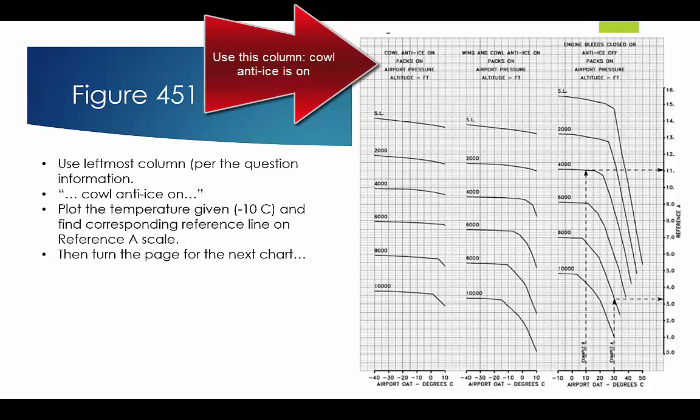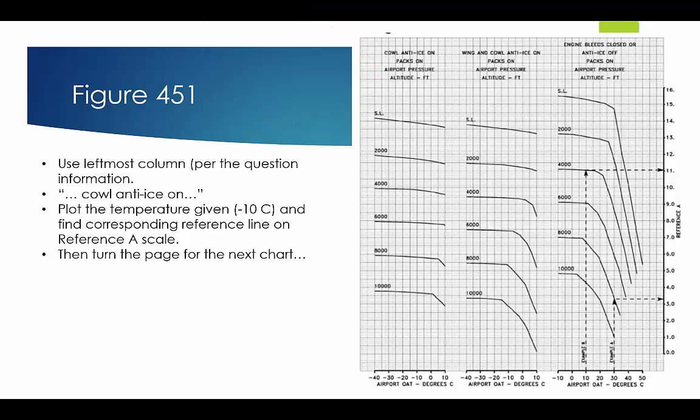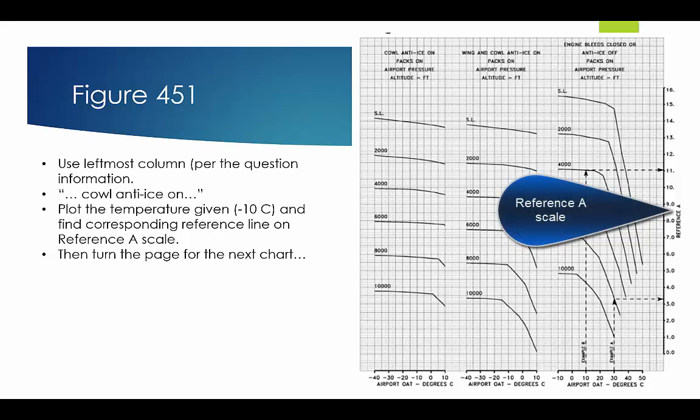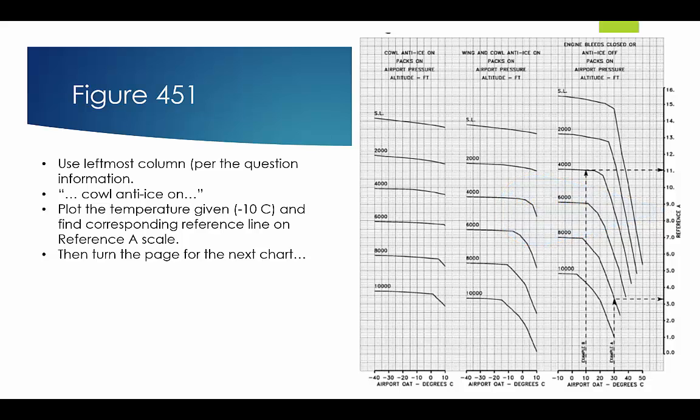And we also were given our temperature of negative 10 degrees Celsius. So this is a 2-part question where you have to use this figure 451 to get what's called a reference A. You're going to get a number out of this reference A scale on the right side here.